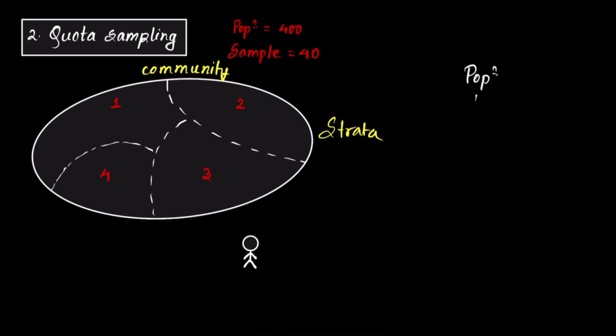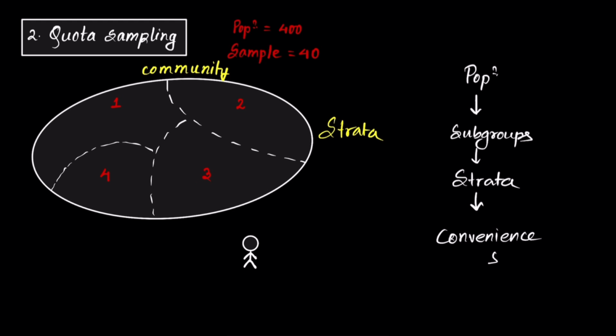The population is divided into smaller subgroups. Now, the researcher goes to each of these strata and carries out convenience sampling. So instead of directly carrying out convenience sampling, first the whole population is divided into smaller strata, and then convenience sampling is carried out in each of these strata.